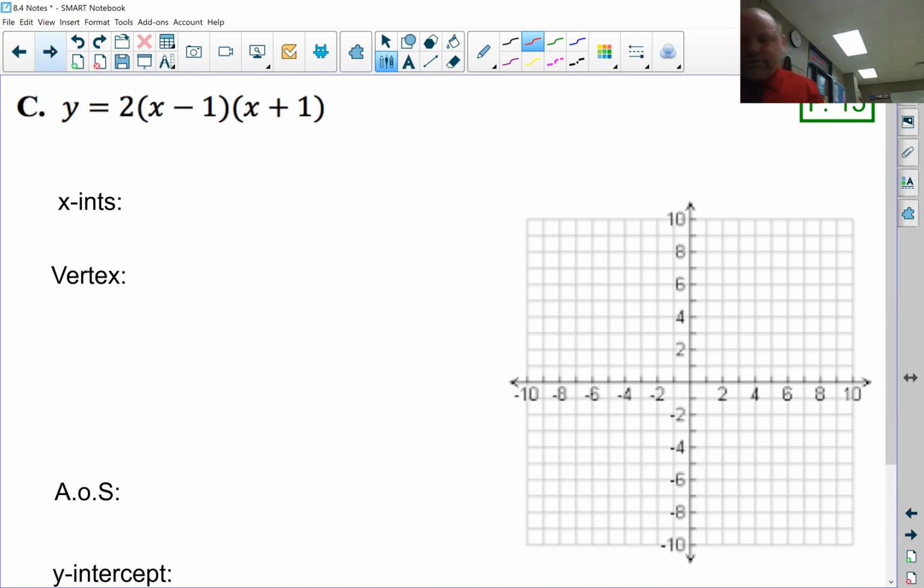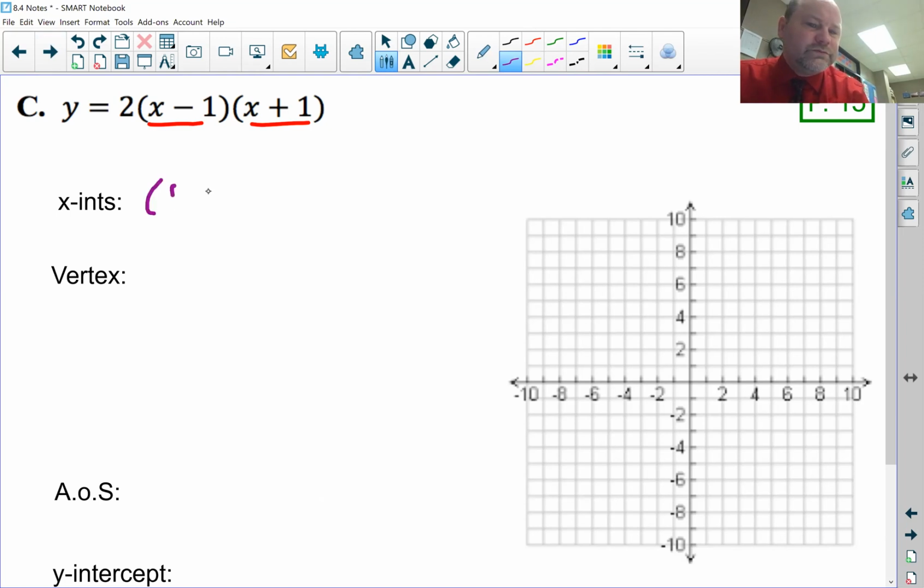In intercept form, the x-intercepts are only affected by what's in the parentheses. So I'm going to have 1, 0, and negative 1, 0.